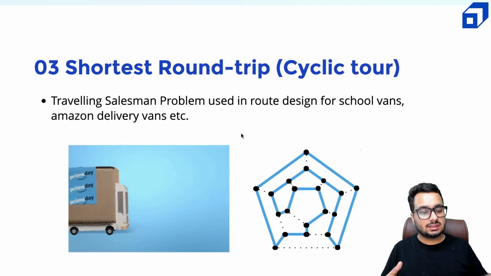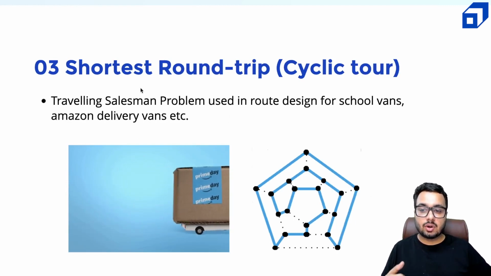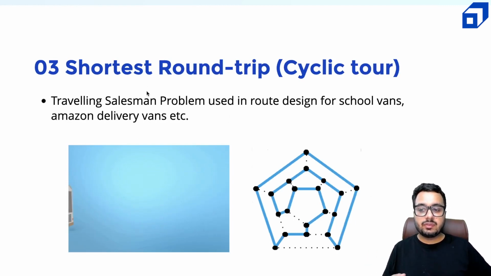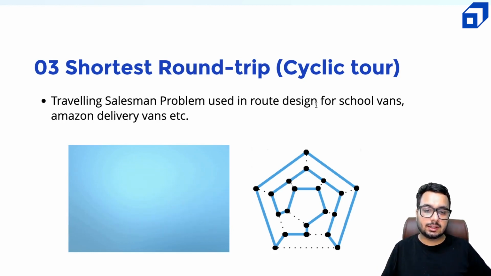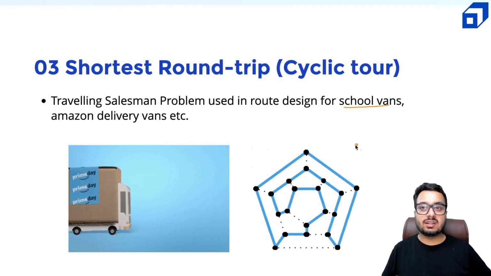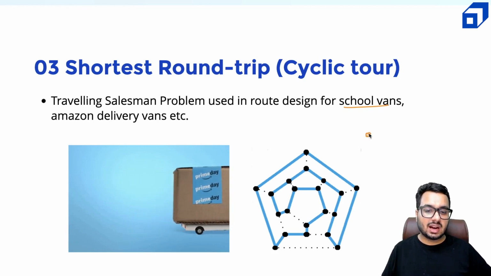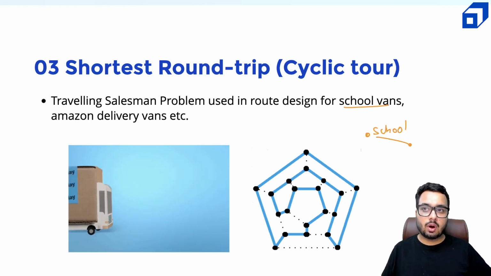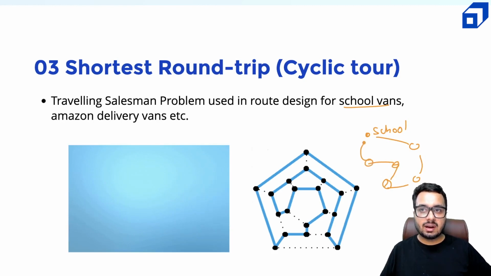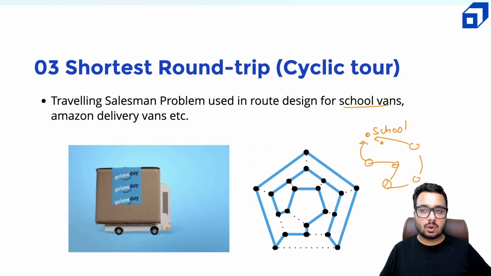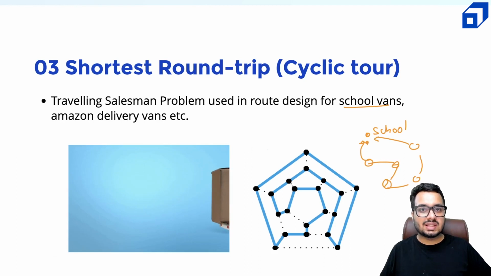Then there is also something called the shortest round trip. If you think of a school van, what is the purpose of a school van? It will start from school, drop all the children on the way, and come back to its location. So in this case, we are doing a cyclic tour.